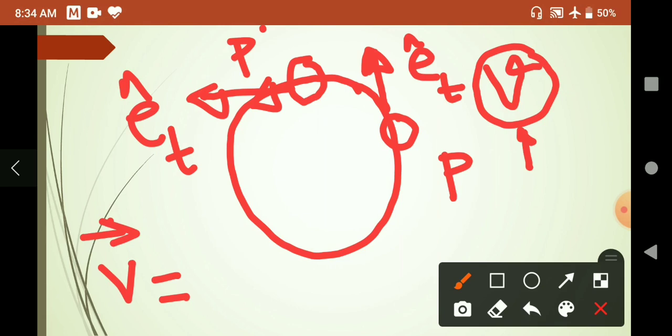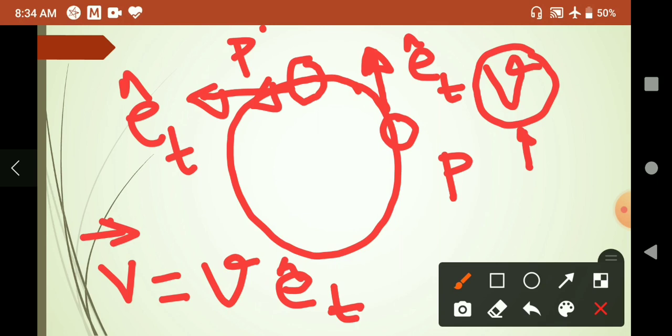We know that the magnitude of velocity is small v, and the direction of the velocity of the particle at P is indicated by the unit vector ET. So this equation represents the velocity of a particle which is undergoing a circular motion. That is, V equals magnitude into direction, and the direction will be along the tangential direction.